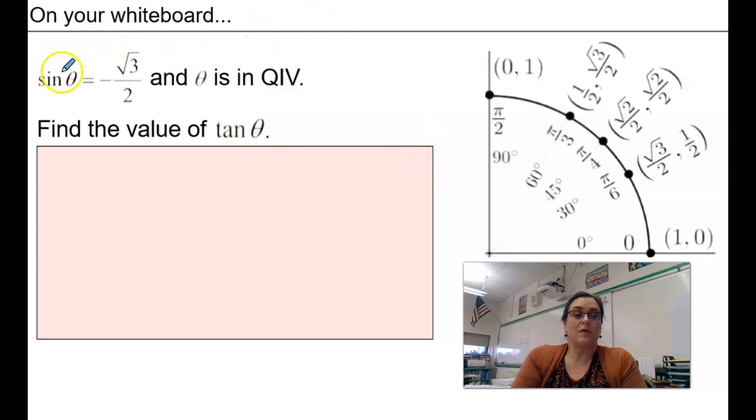So first you want to find the arcsine of -√3 over 2. Figure out what that angle is in quadrant 4, and then find the tangent of that angle, remembering that tangent is the y coordinate divided by the x coordinate. Okay, when you're ready to go over it, then just resume the video.